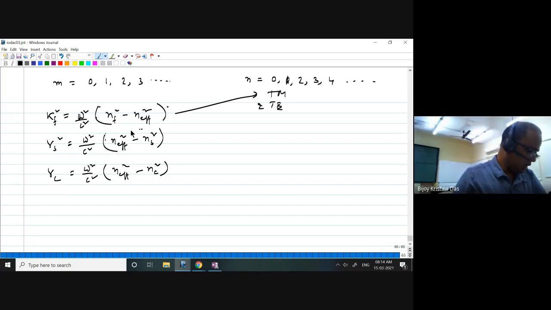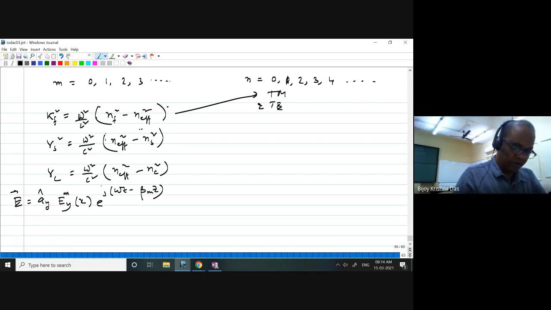And we have this TE case. Normally we can solve easily, EY of X, E to the power j omega t minus beta m z, right? And here also I can put m-th dependent, that is your E field. E field you can write something like this, AY, right?